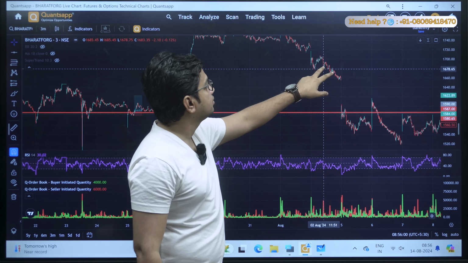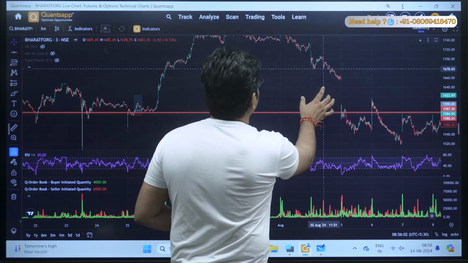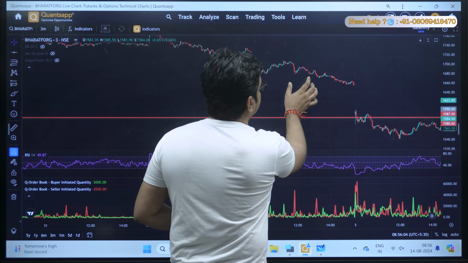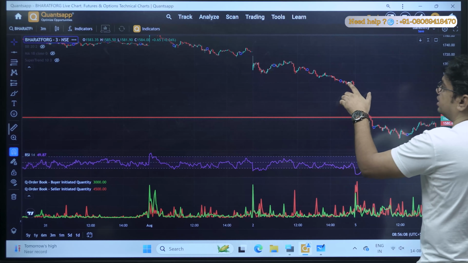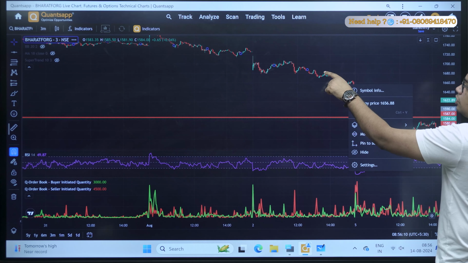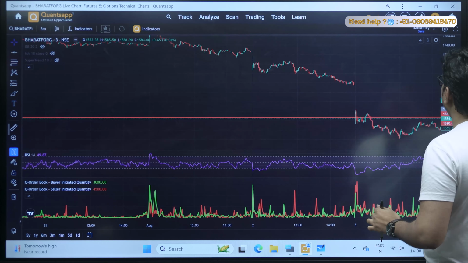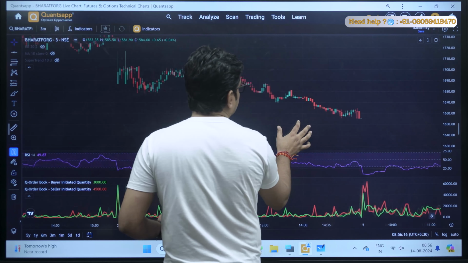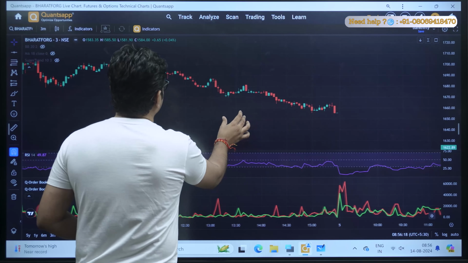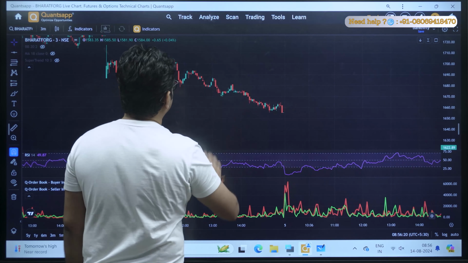You can see it respected this particular support and went down. If I am going to take the trade over here, I will keep my stop loss at this particular level.